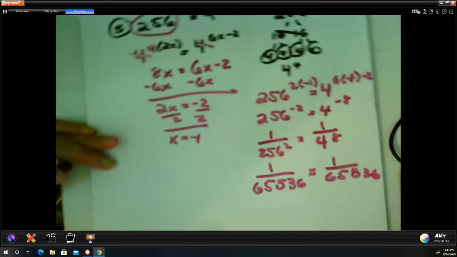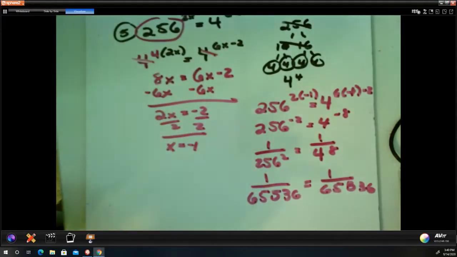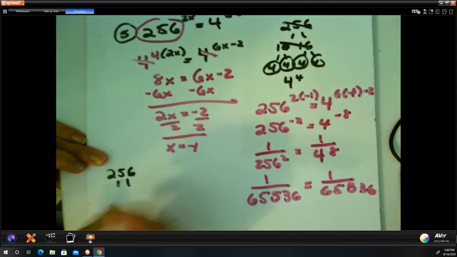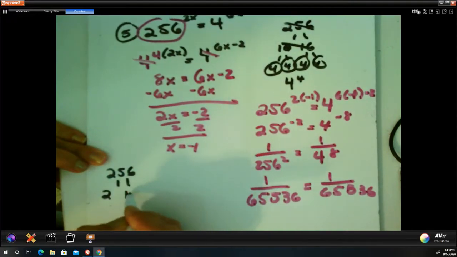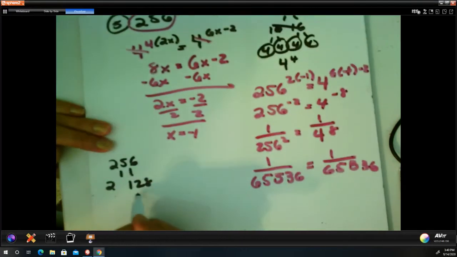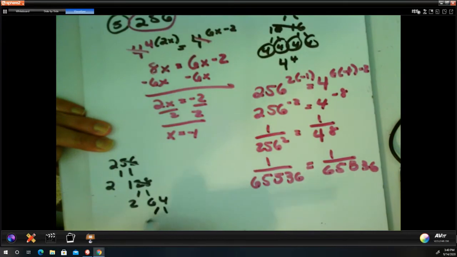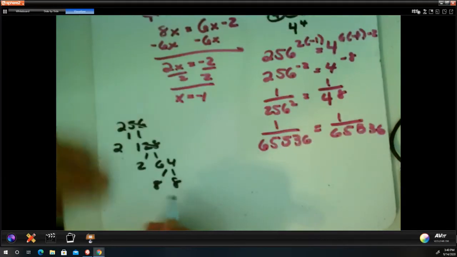Okay, if you did not recognize 256 as a perfect square, you might have done 256 breaks down to 2 and 128. You at least should know that it's an even, so 2 goes into it. So 2 and 64, maybe you could recognize that 64 is a perfect square.